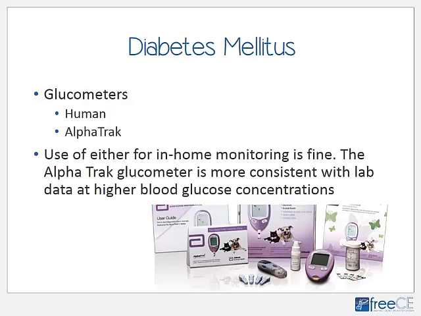You may also be asked your opinion regarding a glucometer. Generally, people may choose either a human product or a veterinary product like the AlphaTrack. A Journal of the American Veterinary Medical Association study found that the veterinary glucometer is more consistent at higher glucose concentrations. In veterinary medicine, our patients tend to have higher maintenance blood glucoses since the consequences of hypoglycemia when a pet is left at home alone are more severe than the consequences of having higher blood glucose.